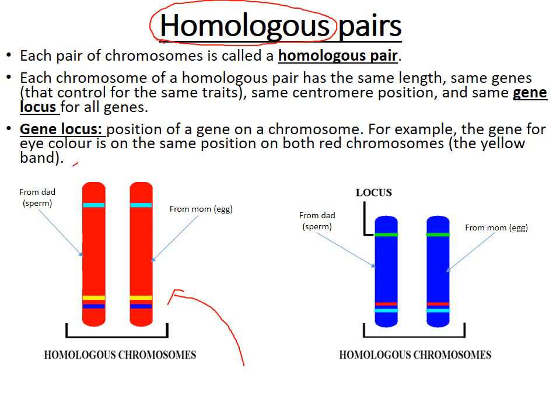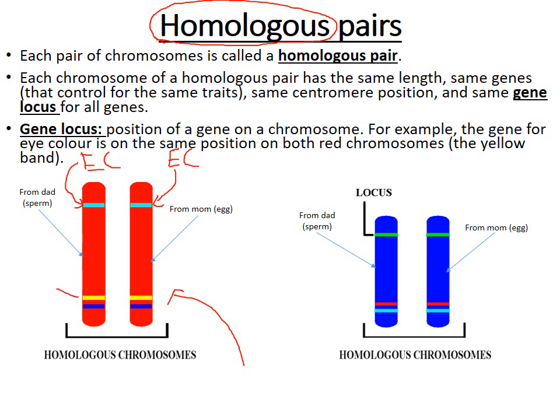So for example, this band over here represents a gene. It might be a gene for, I don't know, eye color. So let's call it EC. This chromosome here is from dad. Now on the homologous chromosome, the partner chromosome from mom, this gene over here is also a gene for eye color.